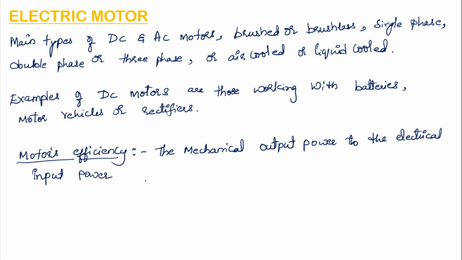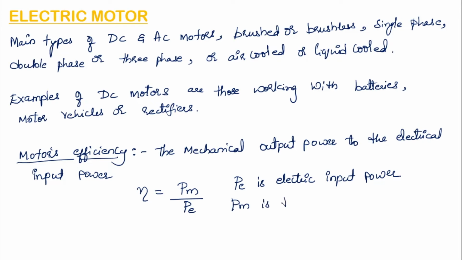Here PE is the electric input power and PM is the mechanical output power.